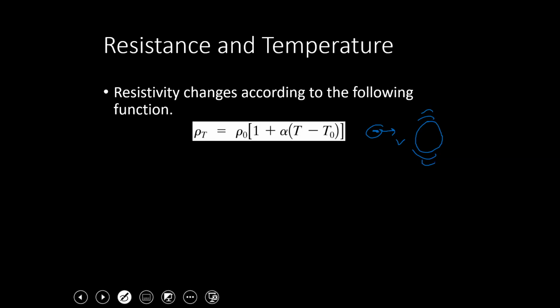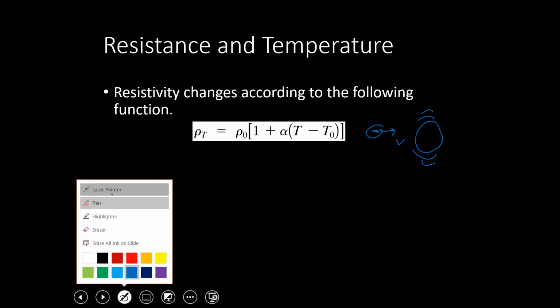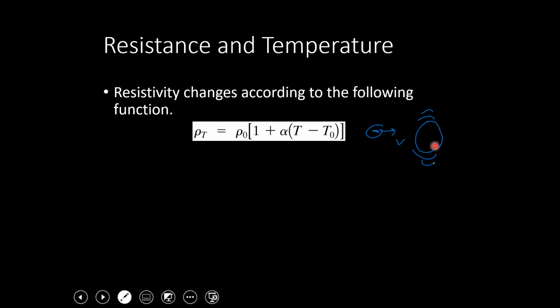And as that atom starts to vibrate, it increases the likelihood that this electron will collide with this atom. So with higher temperatures, you get more vibrations, and with more vibrations, you get more collisions. More collisions means more resistance. So this is why it's dependent upon temperature.